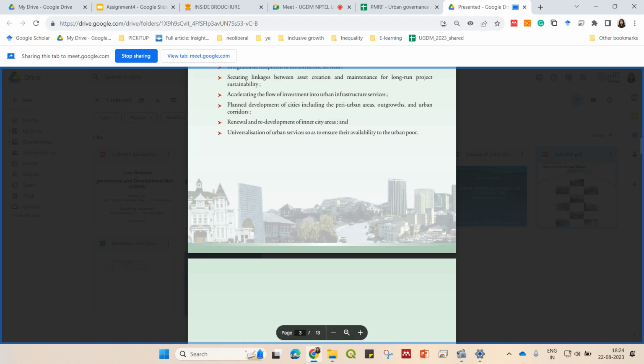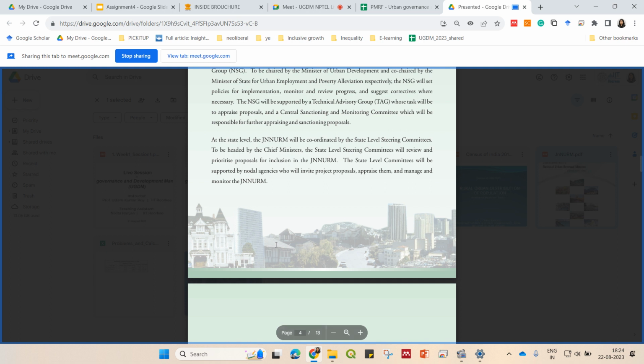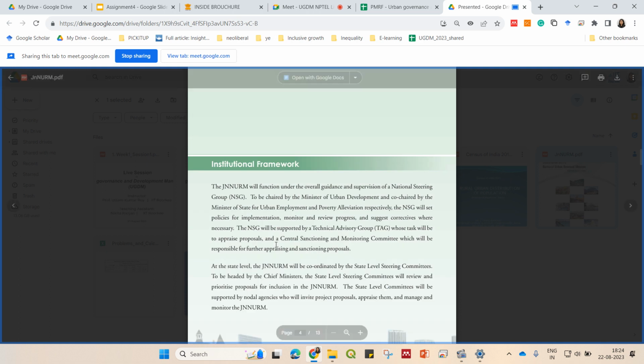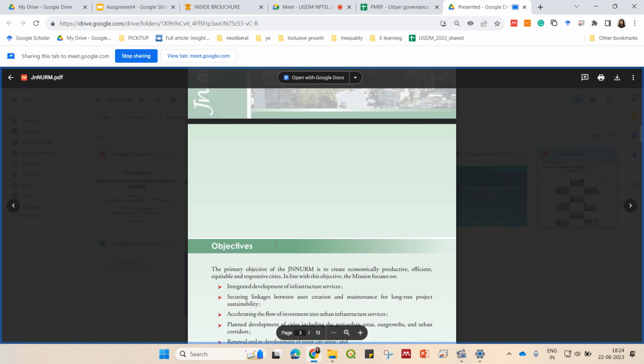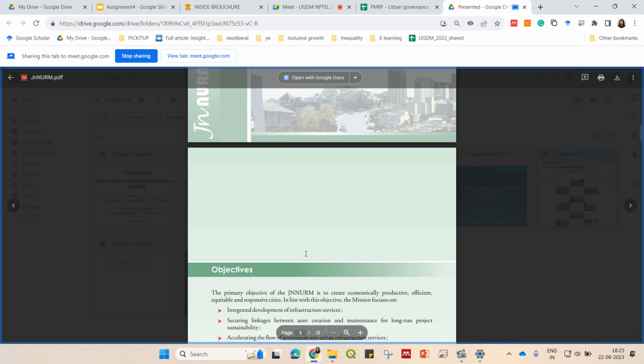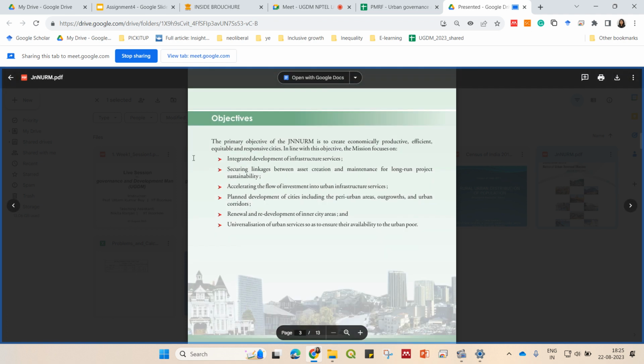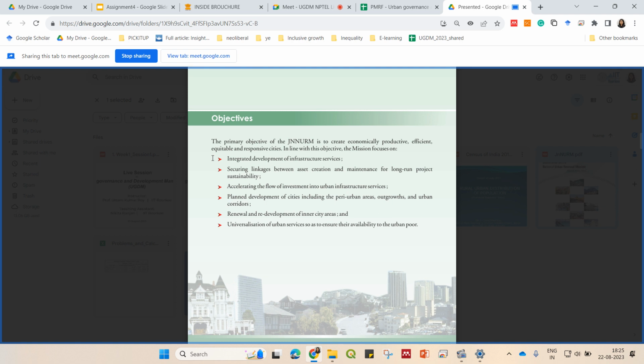I have also marked here the different reforms that JNNURM has proposed in this document. So here you can see that this is the preamble of JNNURM. These are the objectives which tell what the different objectives of the mission are.